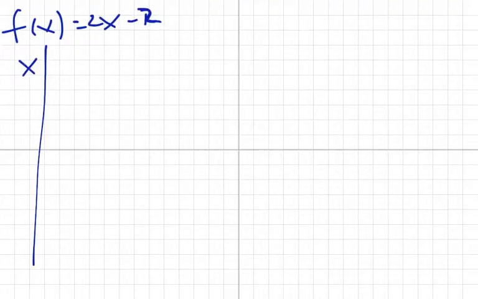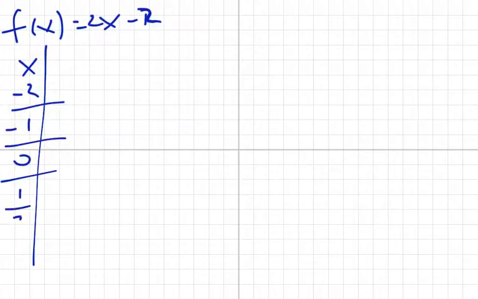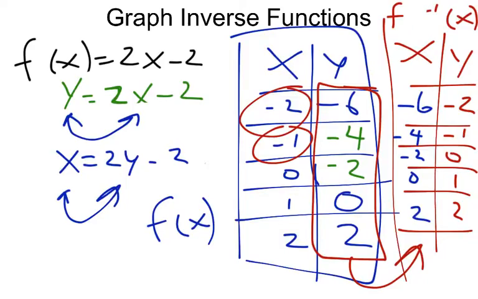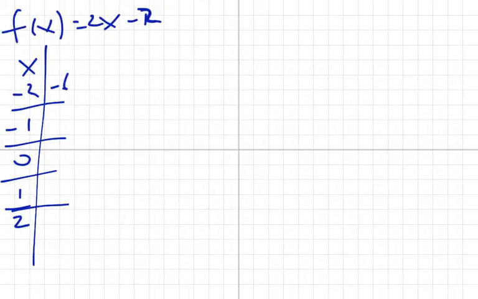Your table of values was -2, -1, 0, 1, 2, and then you have -6, -4, -2, 0, and 2. I'm going to graph my function first of all.